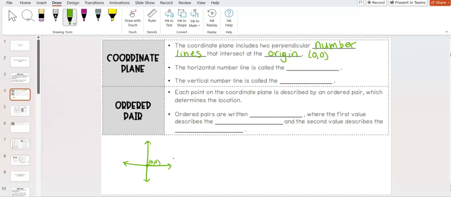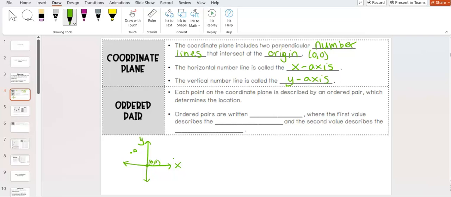The horizontal number line is called the x-axis, and the vertical number line is called the y-axis. So this is x, and this is y. Each point on the coordinate plane is described by an ordered pair, which determines its location. So if I had a dot here, and let's say that dot was A, that is an ordered pair. It's determining its location on this graph.